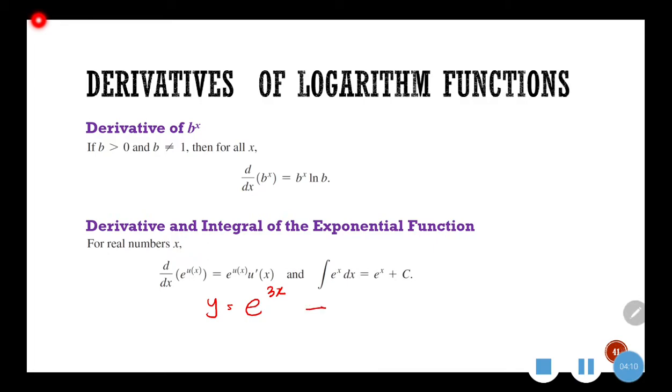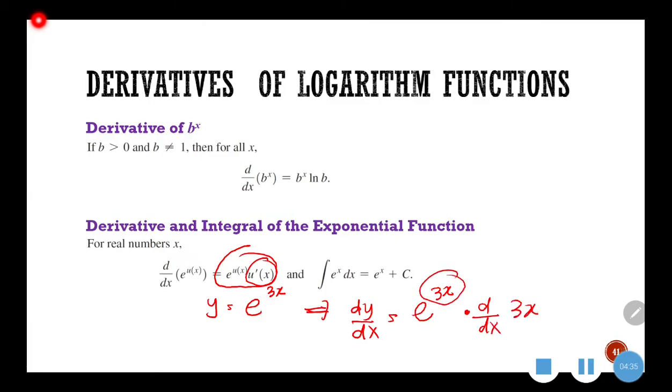So in this case, dy/dx is equals to, copy balik soalan, e^(3x) darab dengan, kau tengok sini formula ni, the derivative of e^(u(x)) is equals to e^(u(x)), copy balik soalan, and u'(x), maknanya kita differentiate the power respect to x. So dia punya jawapan will be 3 times e^(3x), because differentiate 3x respect to x, you will get 3.